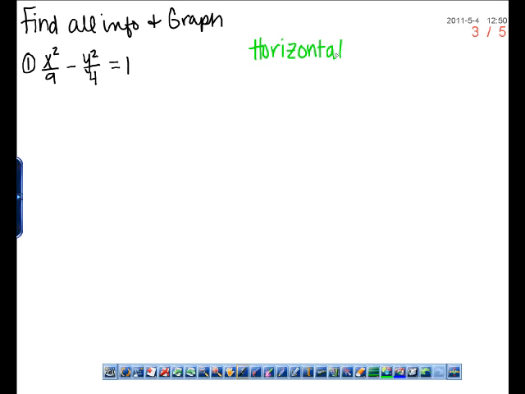All right. So that means, let's decide what A and B is. What's A? A is 3. It's always under your first term. What's B? B is 2. Okay? What's my center? 0, 0, because I don't have x minus something or y minus something. So my center is 0, 0.